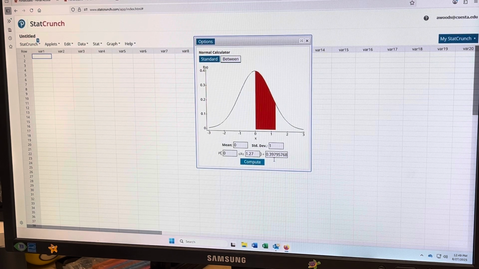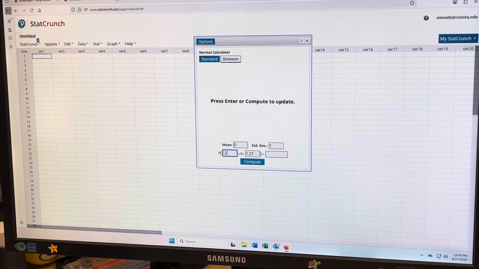The next one we want to find gave us a graph, and on the graph it tells us that we want the shaded region between negative 2.01 and 0.97. So again, it's a between, so we make sure we're still on between, and we go from negative 2.01 to positive 0.97.